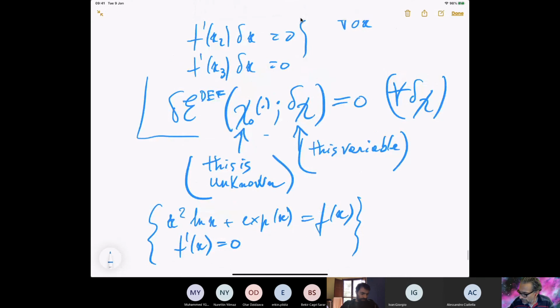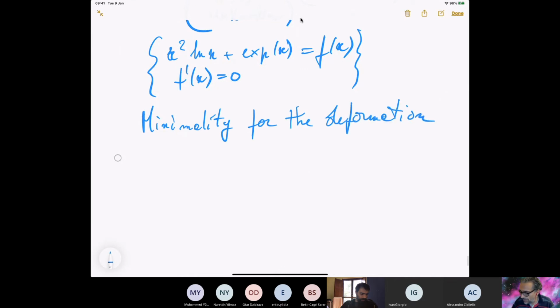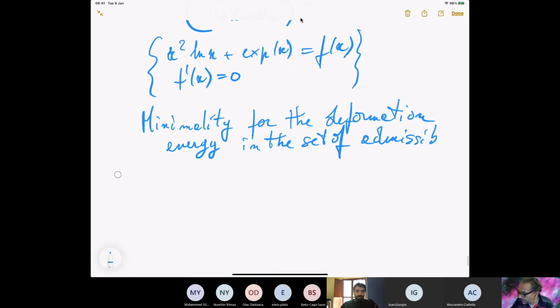So minimality for the deformation energy in the set of admissible placements.